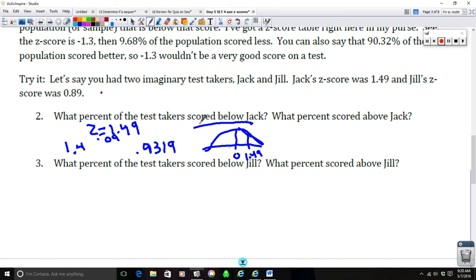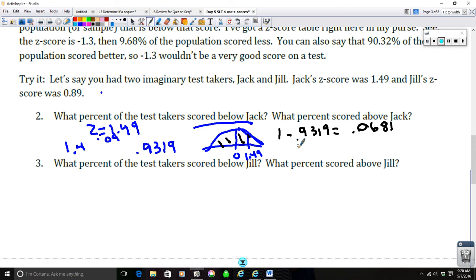And we know that this area here is 0.9319. Then we know the area under all density curves, including normal curves, is 1. So 1 minus 0.9319 is going to be the percent that's scored above Jack, which is 0.0681.